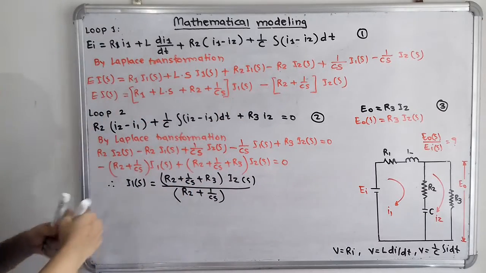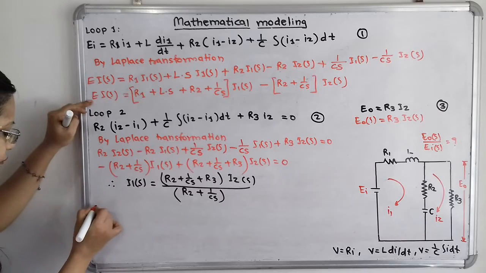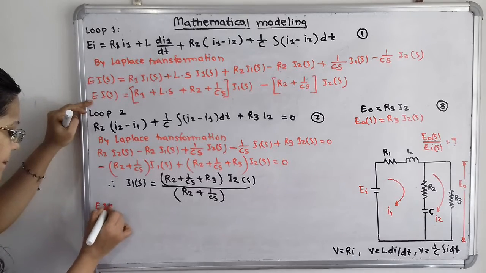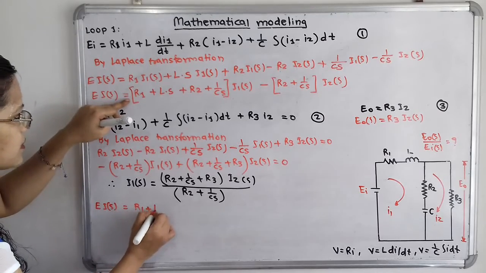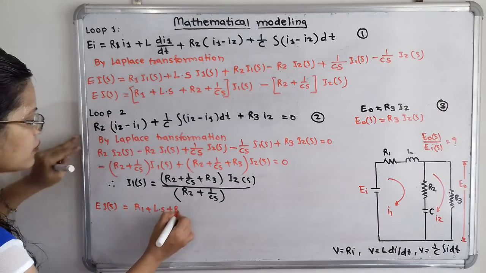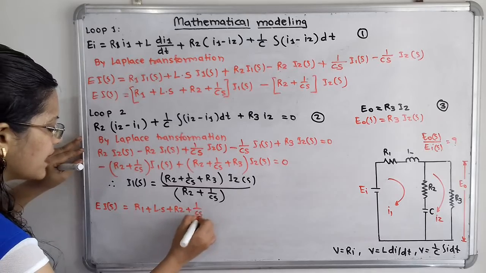So again I will write this equation, EI of S is equal to R1 plus LS plus R2 plus 1 by Cs.